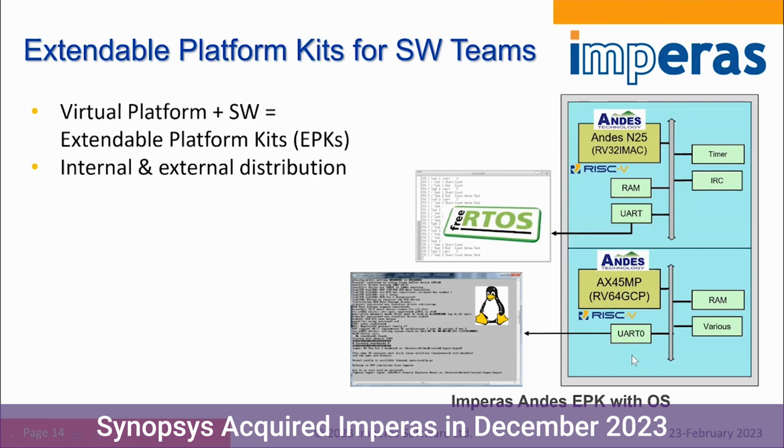So on this light blue virtual platform, we illustrate it with Andy's N25 ports that is connected to peripherals, to memory, and it boots up FreeRTOS. On the bottom of this SoC, there is a Andy's application processor AX45MP that boots to SMP Linux.